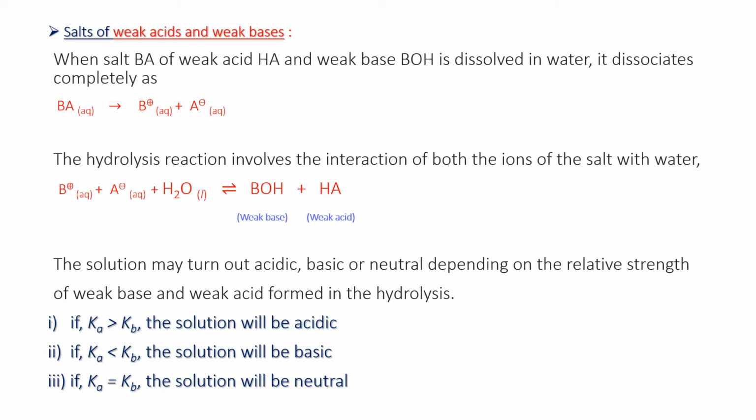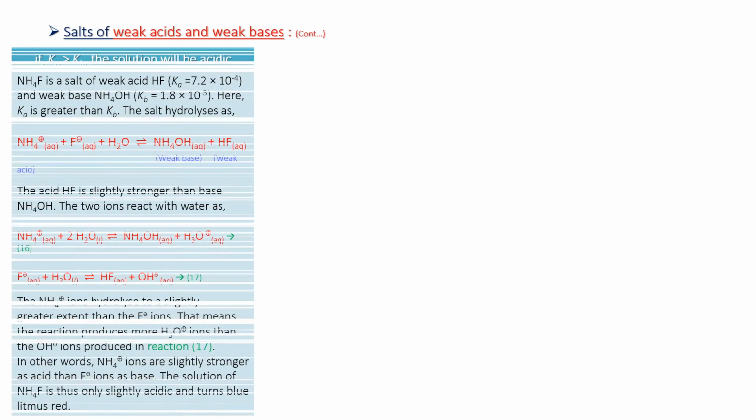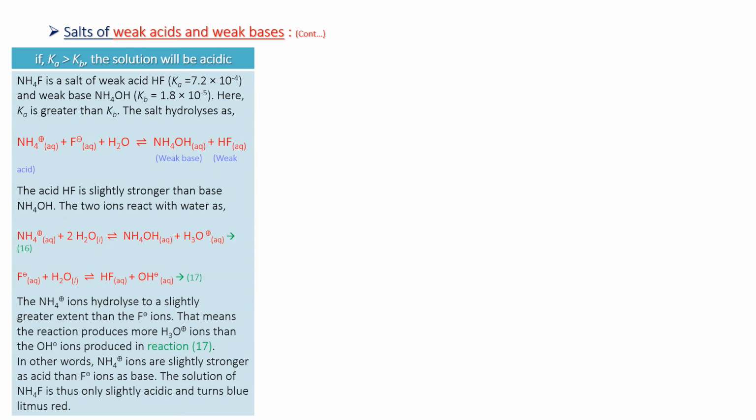First we take the first case, where the dissociation constant of the weak acid is greater than the dissociation constant of the weak base. For this we take the example of NH4F.